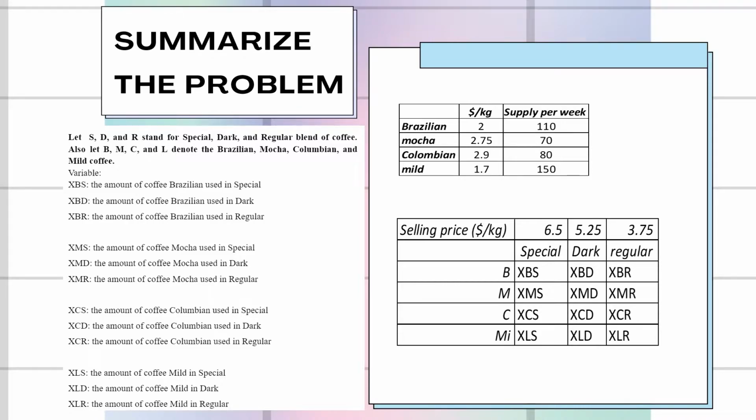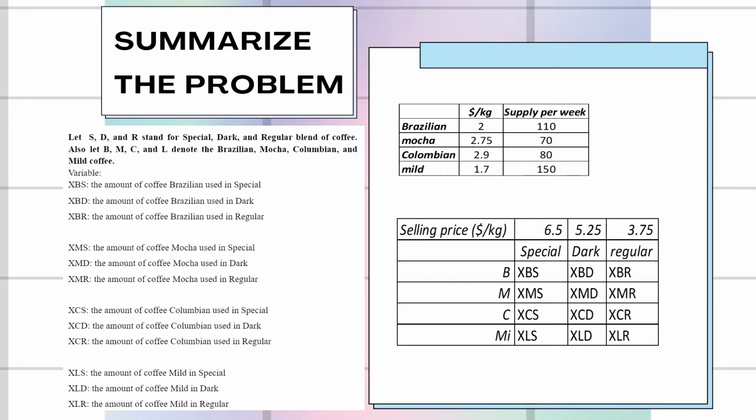The requirements are at least 40% of Colombian and at least 30% of mocha for special; at least 60% of Brazilian and no more than 10% of milk for dark; and no more than 60% of milk and at least 30% of Brazilian for regular.